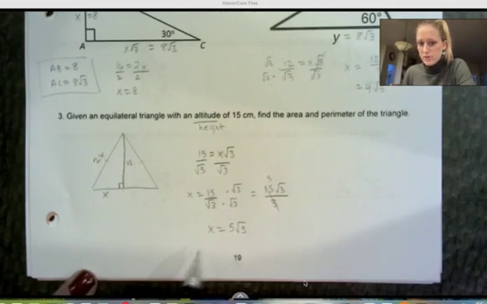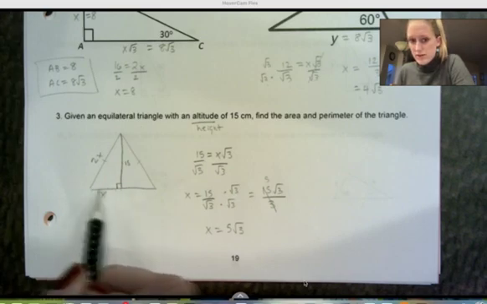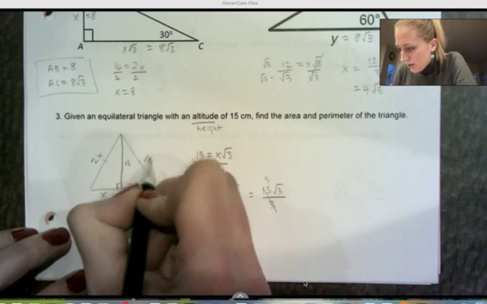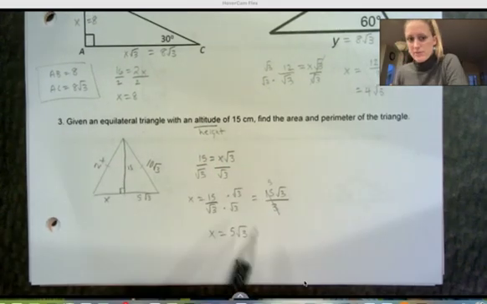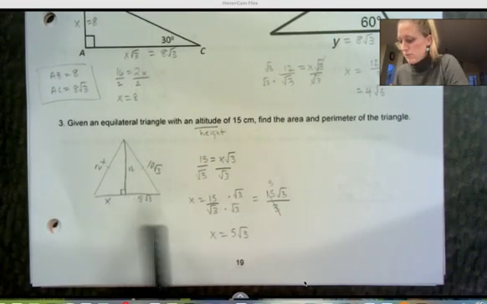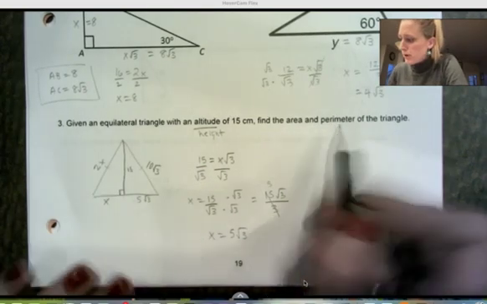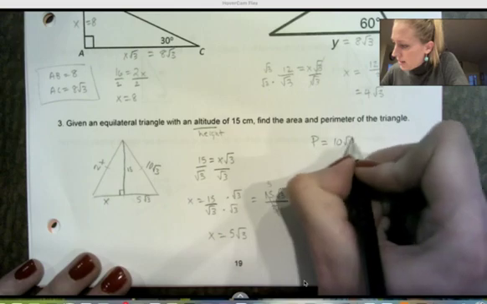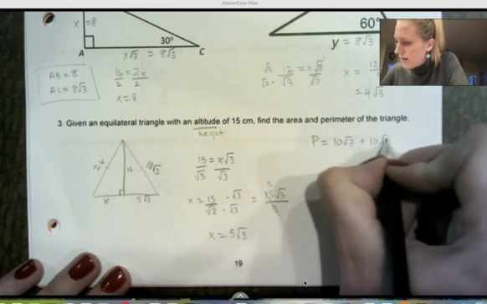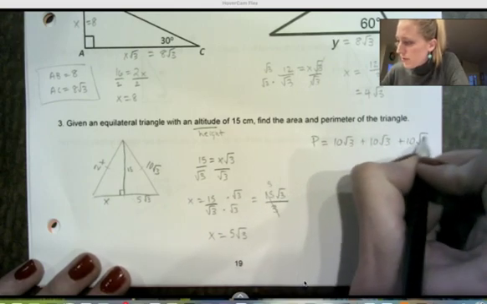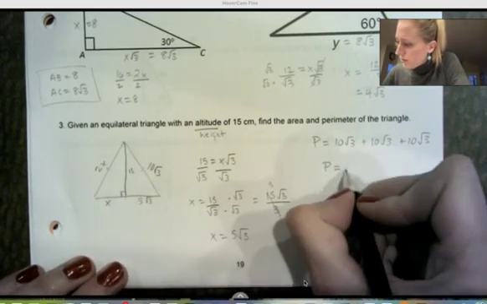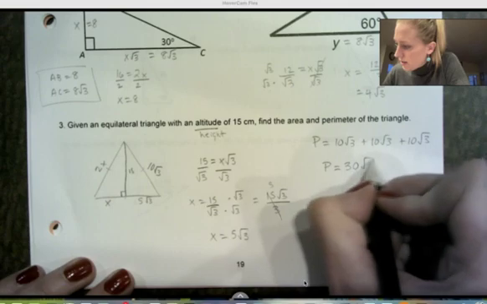So on my triangle now, this is 5 root 3, 5 root 3, and then this would be 10 root 3. It's double that. The hypotenuse is always double whatever the short leg is. So the perimeter equals 10 root 3 plus 10 root 3 plus 10 root 3, so the perimeter is equal to 30 root 3.